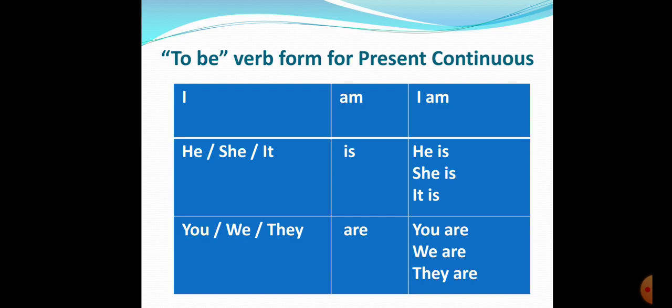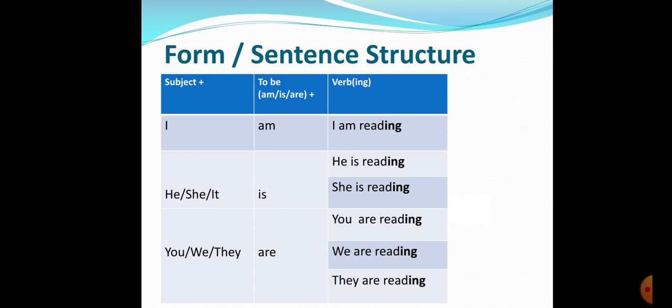Let's go back to the form again. The sentence structure says: subject plus to be form, meaning am, is, are, plus continuous or ing form of verb. Now let's try to make sentences. The very first person is I. So first person I plus to be form of verb am plus ing form of verb.